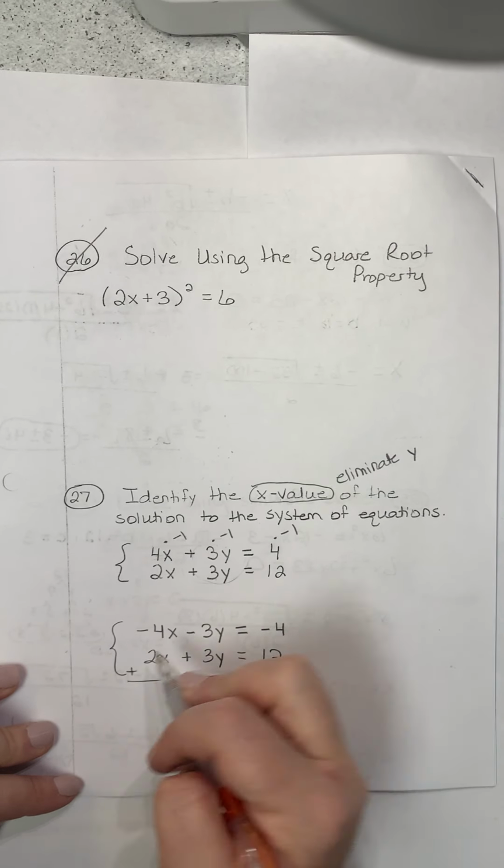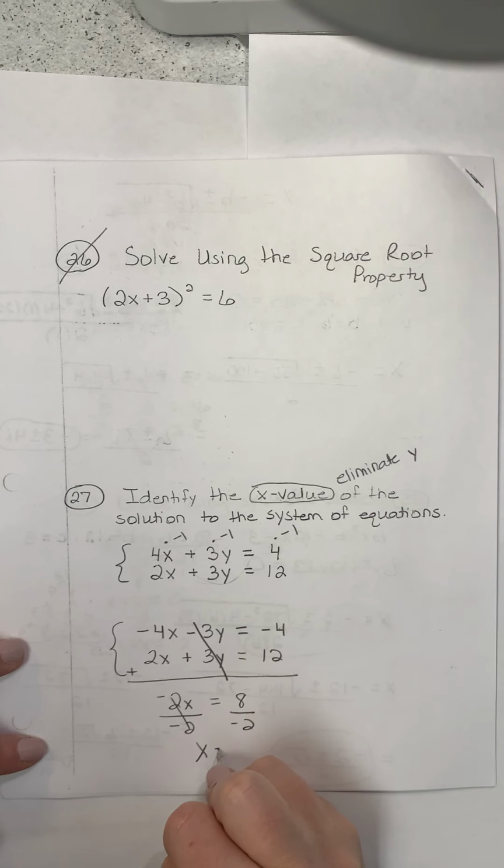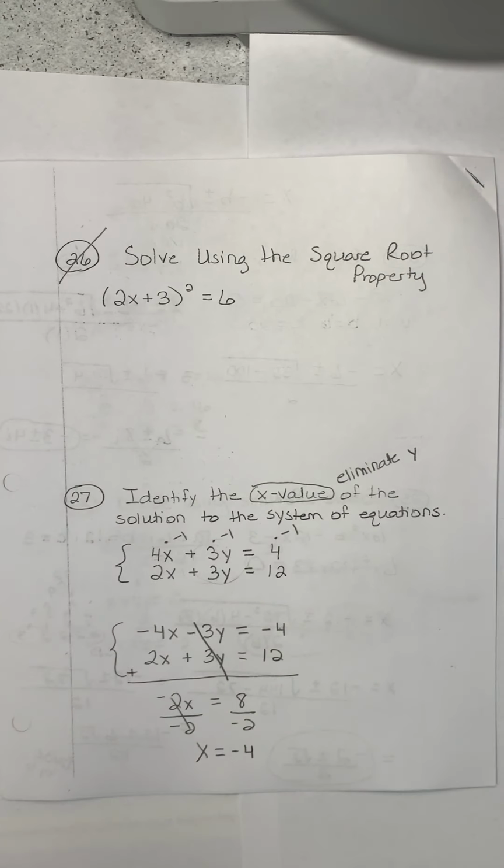I'm going to add these together and y gets eliminated, which is fine because I only want x anyway. Negative 4x plus 2x is negative 2x. These add to give 8. I divide by a negative 2, and x is negative 4. Now be careful because this is correct, but it is not going to be an answer choice.